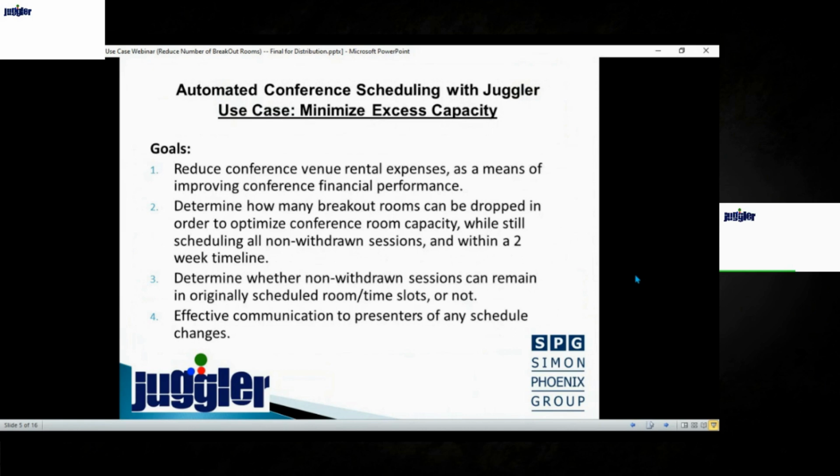So there was a need to determine those sessions that could remain in their originally scheduled room time slots and those that had to be changed.